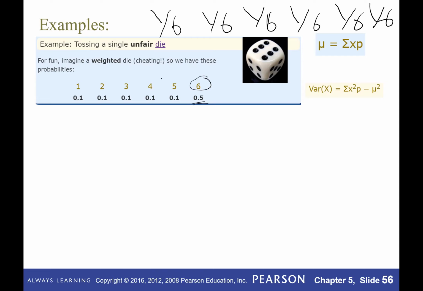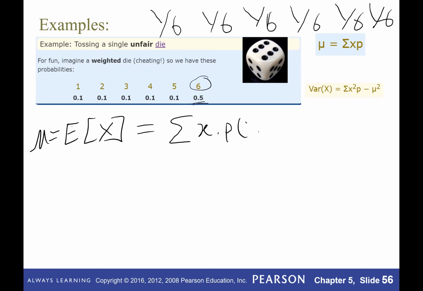So now we'll calculate the expected value of x, which is denoted by mu. We know that this is the summation of x times the probability that X equals x. That means first you multiply each number by its corresponding probability.